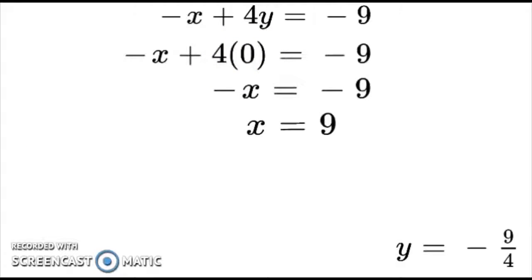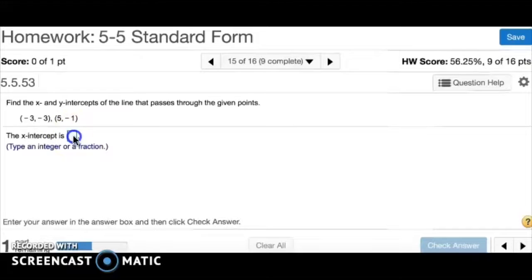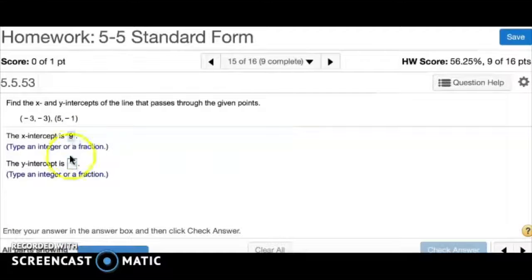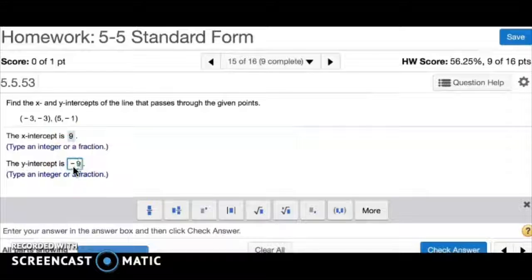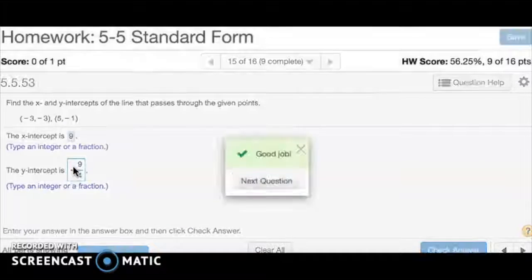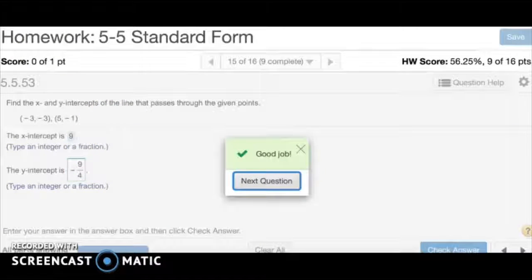Divide both sides by negative 1, I'll have x-intercept being 9. So let's type that in. Type in 9. And then y-intercept is negative 9 over 4. And that's number 15.